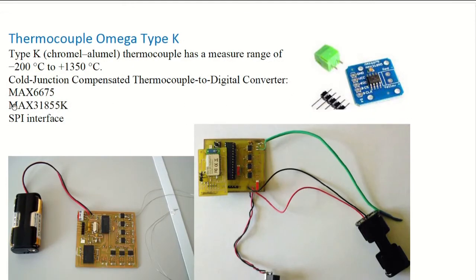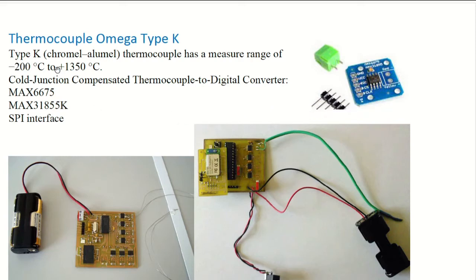For example, here I present the MAX31855K, or the MAX6675, which is an older one. It's the same, a pin-to-pin chip, but older. You can find it on AliExpress, and it's very common.